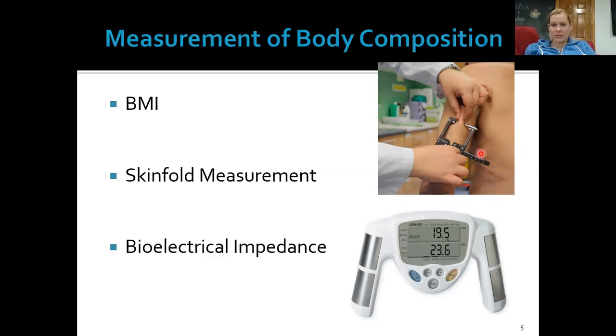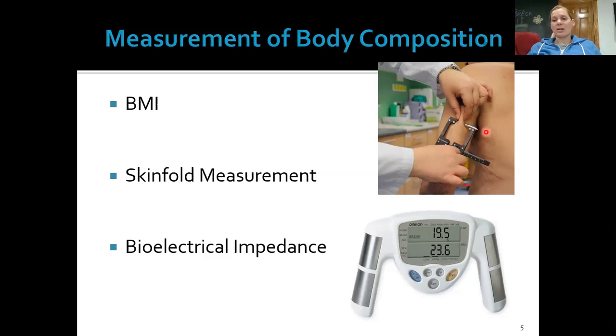I can tell you from my personal experience as a personal trainer that if someone is very big, with a lot of fat stored subcutaneously, it's really difficult to get an accurate measurement, particularly if they have a lot of excess weight in their stomach area.